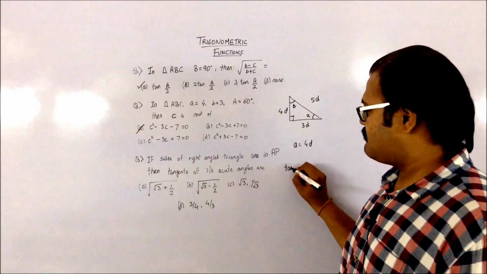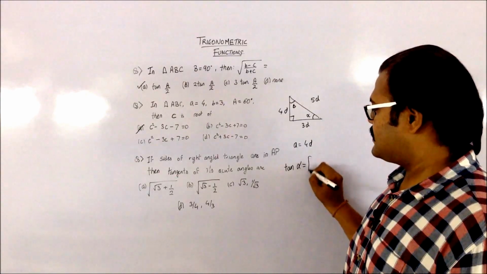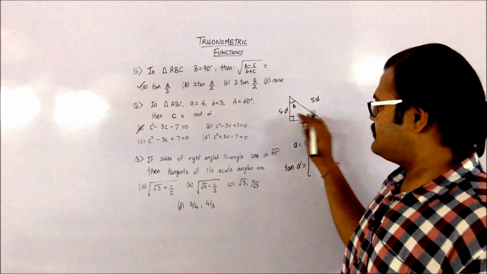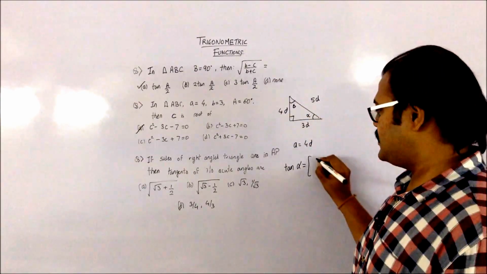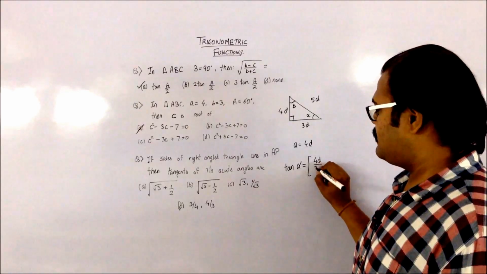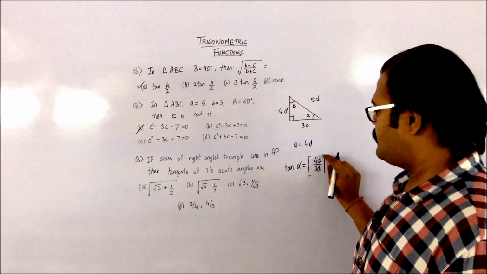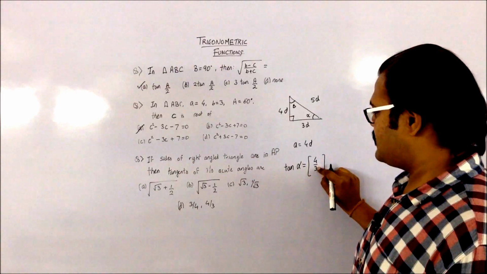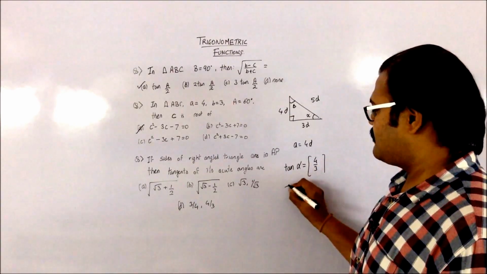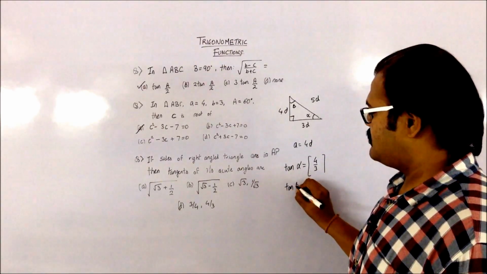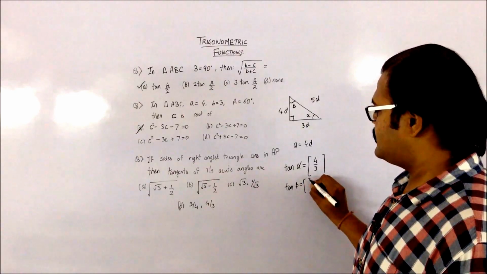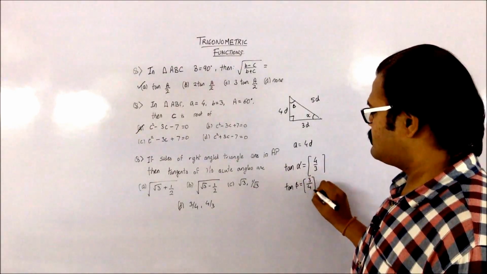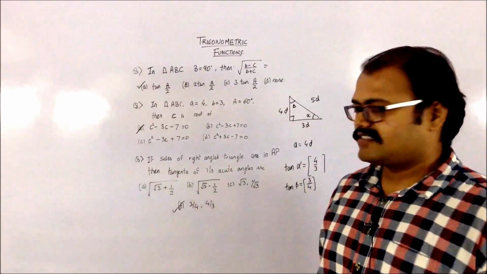So my tan alpha will be nothing but the side which is opposite to it, that is 4D divided by 3D. So the D gets cancelled, so that is my 4 by 3, and my tan beta will be nothing but, if you just check it out, 3 by 4. So that should be your option D.